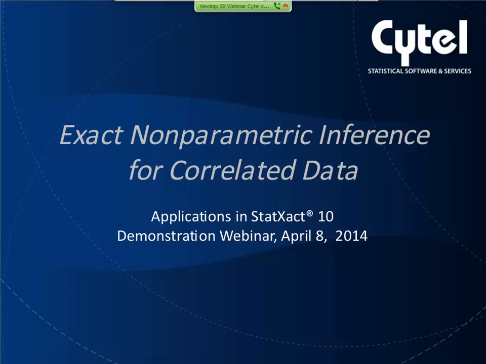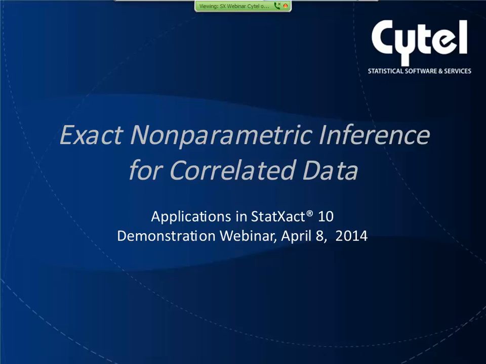In fact, a lot of packages use many of the same underlying algorithms that we use for StatXact, but they were programmed by individuals on their own. So the big distinction is that this is really unique to StatXact right now. I don't think anybody else has a comprehensive module that provides all these exact tests for tabulated data when you have correlation.